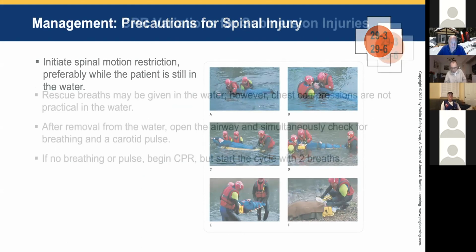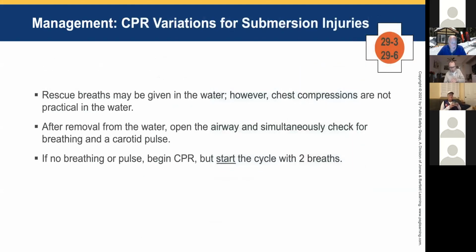If somebody is drowned, you can give them rescue breaths while they're in the water, but you really can't do the chest compressions. If you have that situation, you remove the person from the water, open the airway, and simultaneously check for breathing and a carotid pulse. If no breathing or pulse, begin CPR, but start the cycle with 2 breaths.